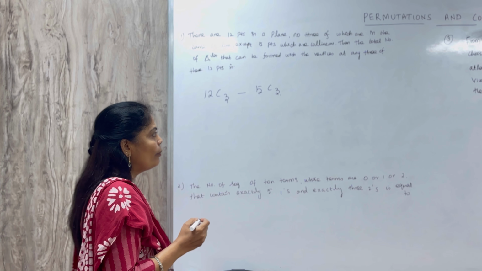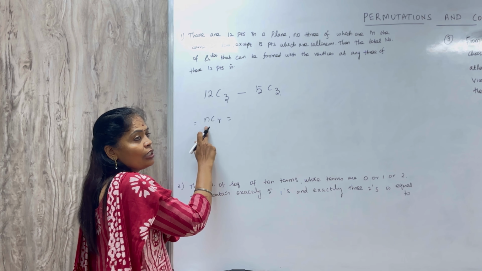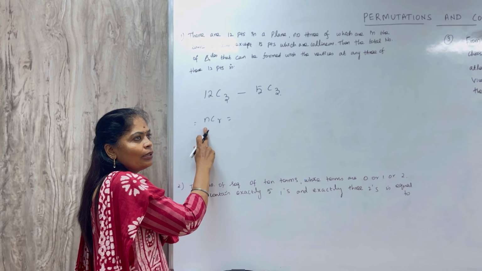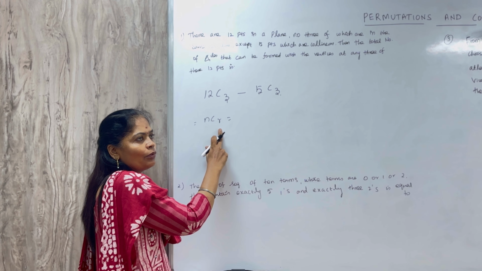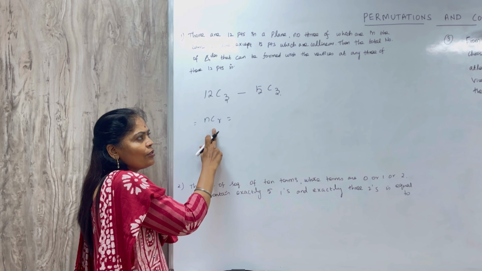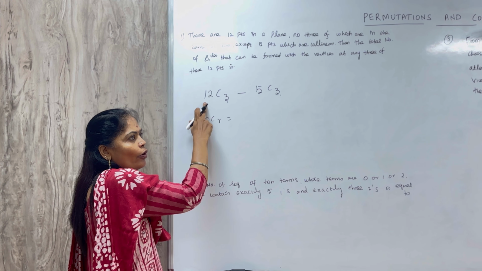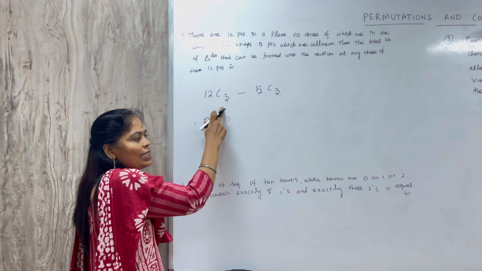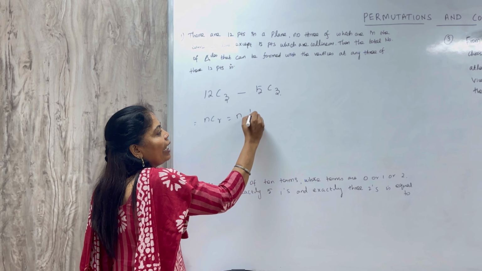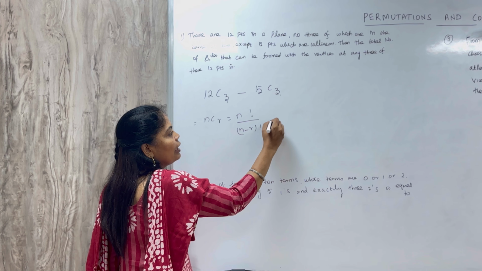So what is the combination formula? NCR is equal to, N means what? N is the total number of items, taking R at a time. Combination means the number of ways of taking R items from N items. So out of the 12 points I am taking 3 items. So 12C3. The formula is N factorial by (N minus R) factorial into R factorial.